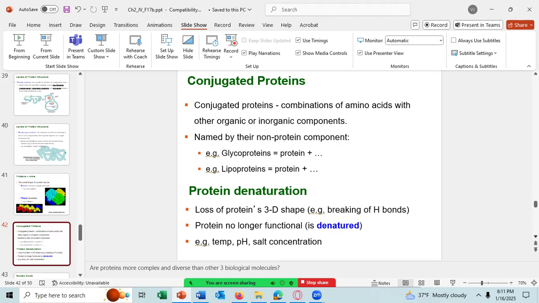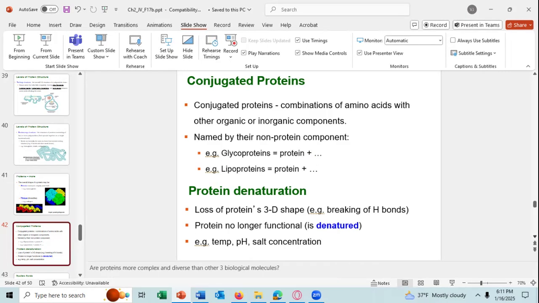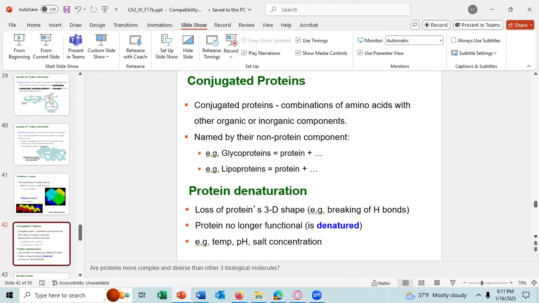But if the protein starts to lose its 3-dimensional shape, breaking hydrogen bonds that should be there to hold the protein together, forming hydrogen bonds that shouldn't be there, like when you put protein in the refrigerator, changing the 3-dimensional shape of the protein, that loss of protein function, we say the protein has begun to denature.